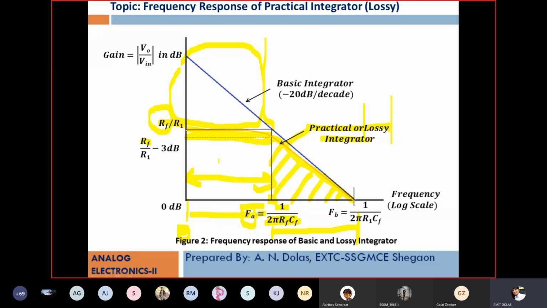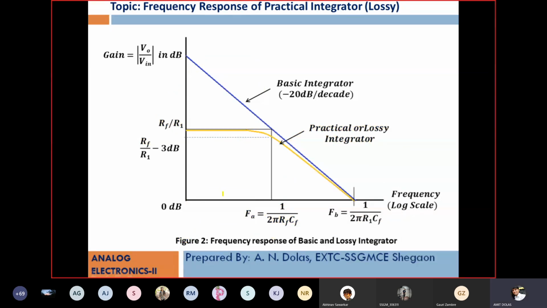So if you are designing a practical integrator, you have to focus on FA and you have to focus on FB. Again, for understanding purposes, I am explaining this theory because it is there in A1, and I know at least in my class, the integrator topic was not covered due to lockdown.